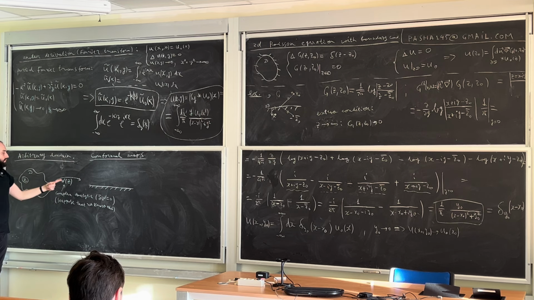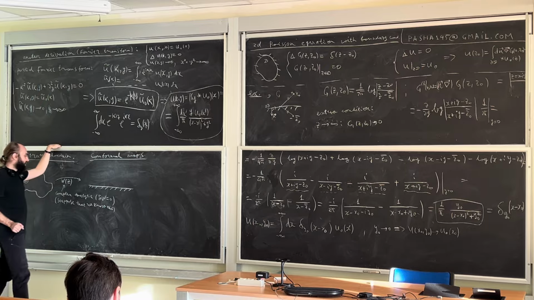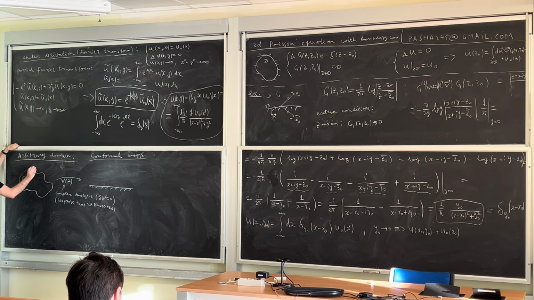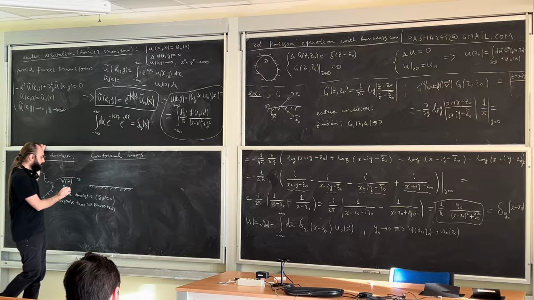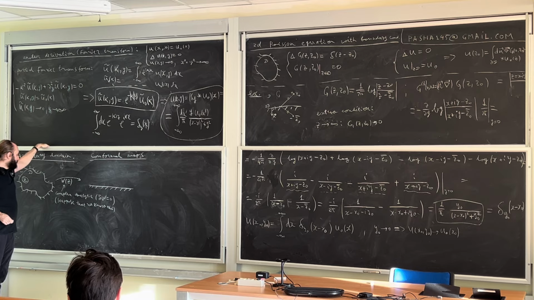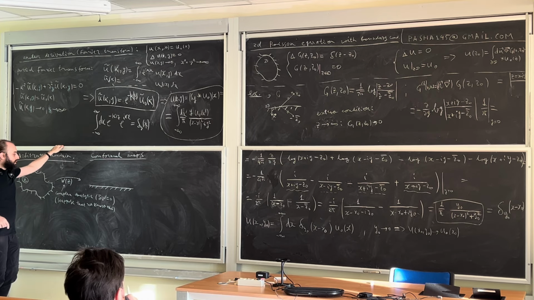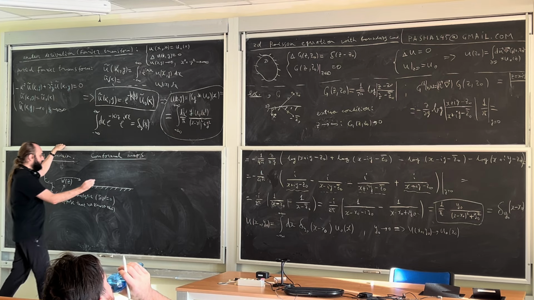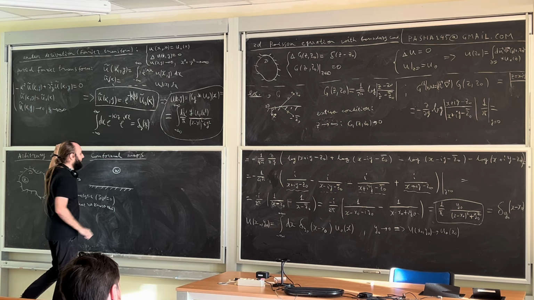But so far, let us think that it simply exists. So this is our domain, and this coordinate can be called w.